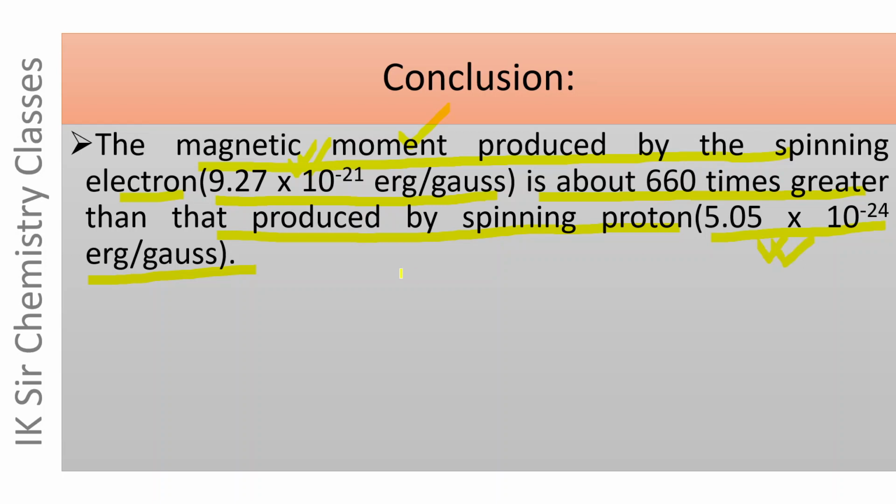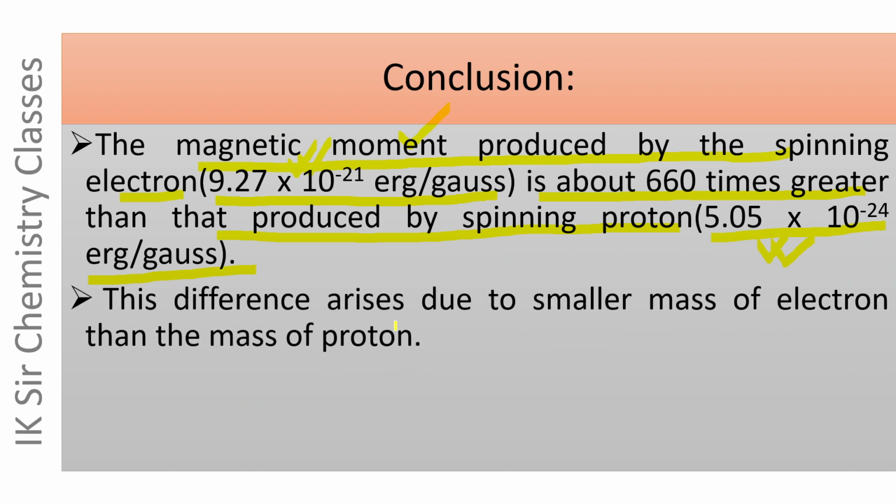It is obvious that the magnetic moment produced by a spinning electron is greater than that produced by a spinning proton. This difference arises due to a smaller mass of electron than the mass of proton.